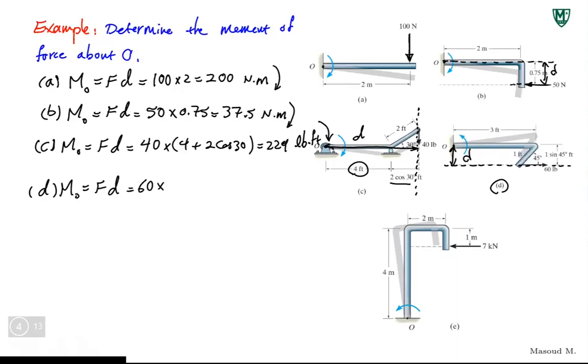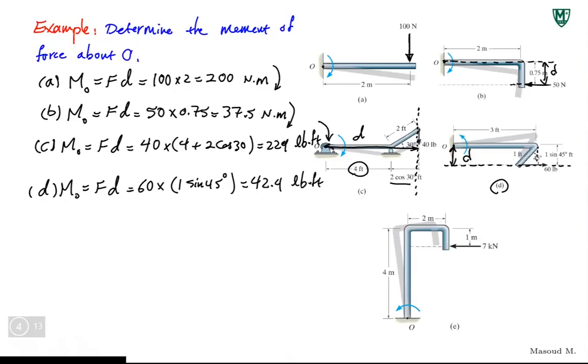So that D is pretty much the same thing here: 1 sine 45. I don't know why I put 4 there. 1 sine 45 degrees. You do this multiplication, you'll get 42.4 pound foot.